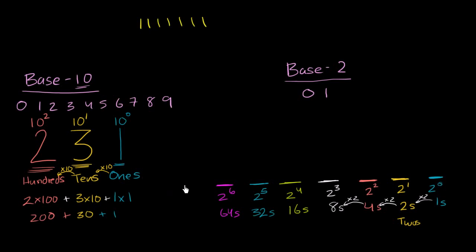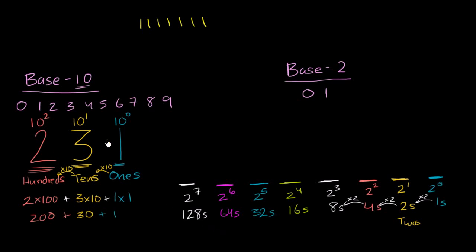And then we can go over here. This would be 2 to the 7th. That would be the 128's place. And we could obviously keep going on and on and on, but this should be enough for me to represent this number. And in future videos, I will show you how to do that. But let's actually represent the number.